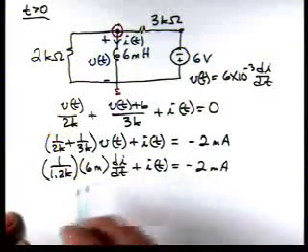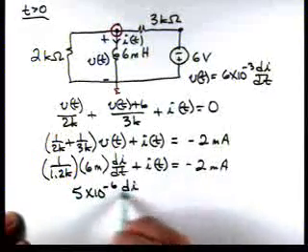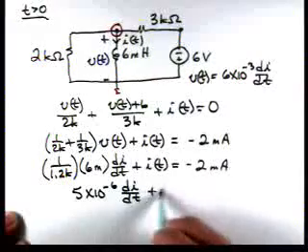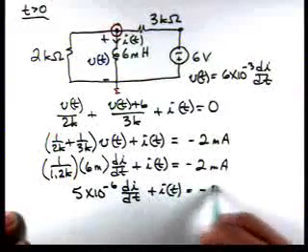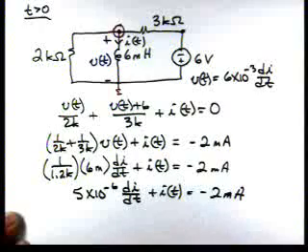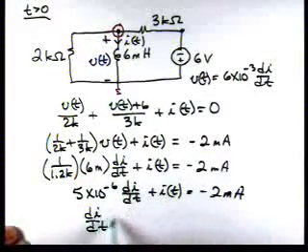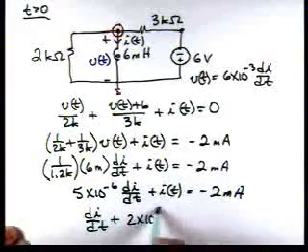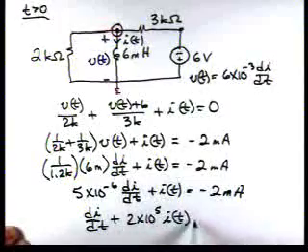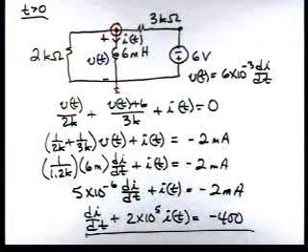And we get 5 times 10 to the minus 6 di/dt plus i(t) is equal to minus 2 milliamps. And if we divide through by the 5 times 10 to the minus 6, we get di/dt plus 2 times 10 to the 5th i(t) is equal to minus 400. So here's our differential equation.